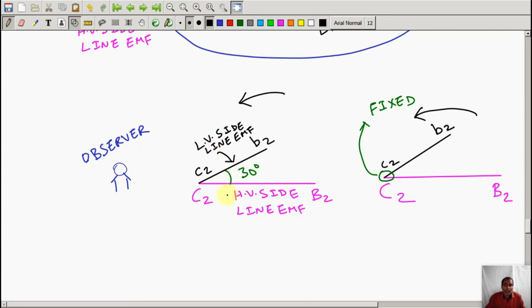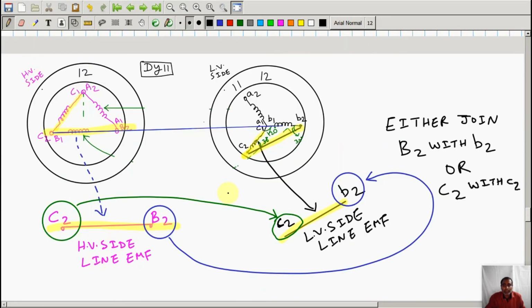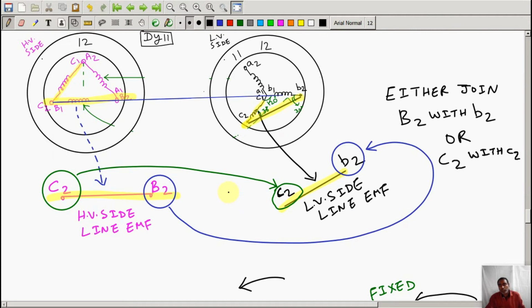But if you are connecting a bank of three-phase transformer, that means you are connecting three separate single phase transformer units to work as a three-phase transformer, which we call a bank of three-phase transformer, then it is important that you make sure about the polarity.